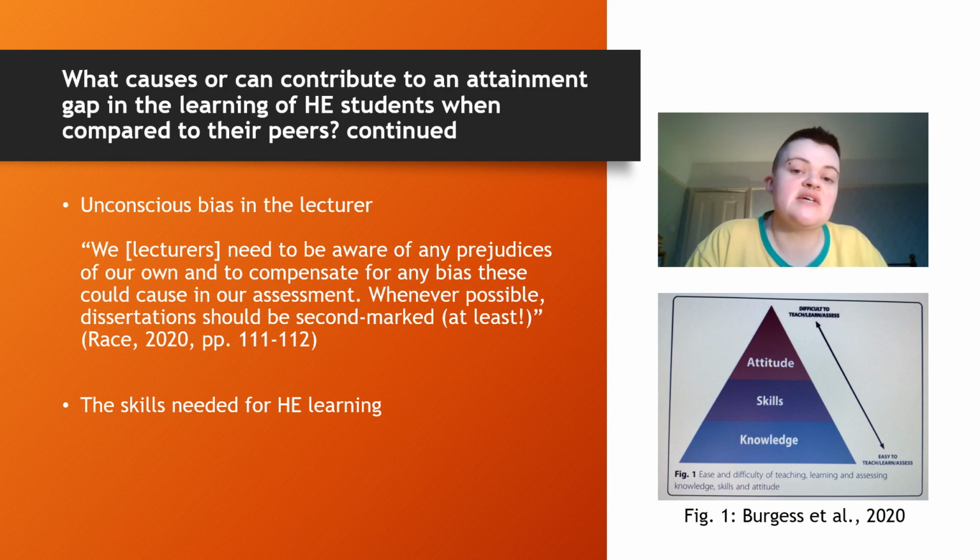Obviously coming to higher education learning from school or college, it's a completely different skill set in some ways, and how to adjust to the new styles of learning. So sometimes students don't have the skills necessary yet to adjust to their new environment, and I would particularly recommend Kift and Race for more comments on skills.